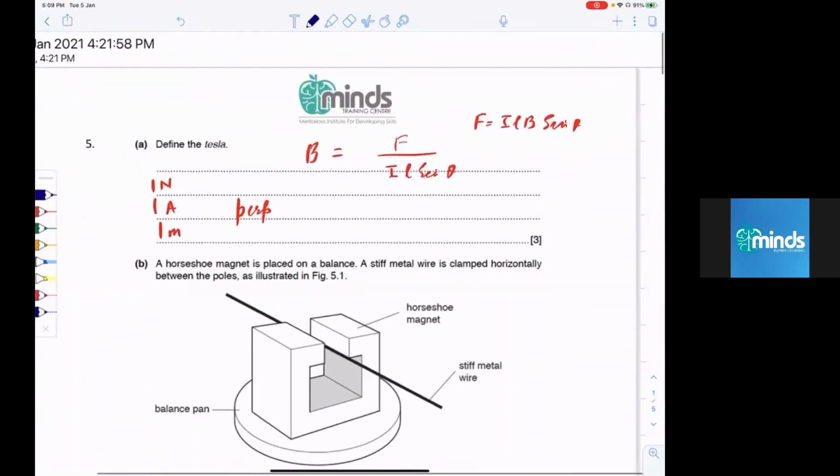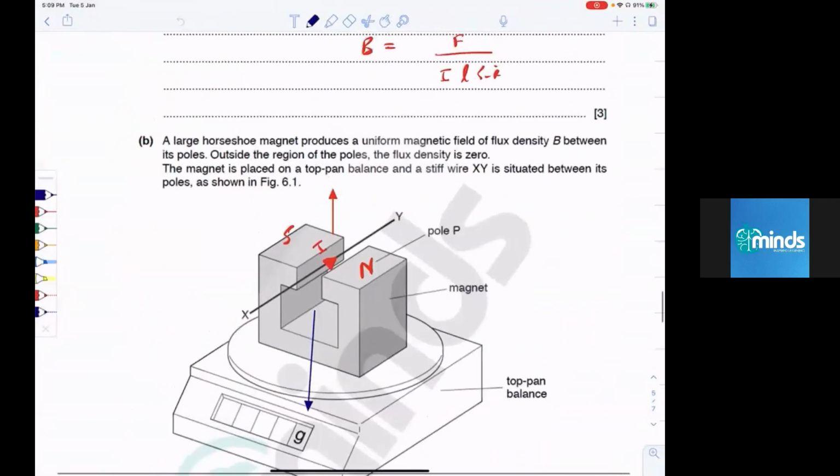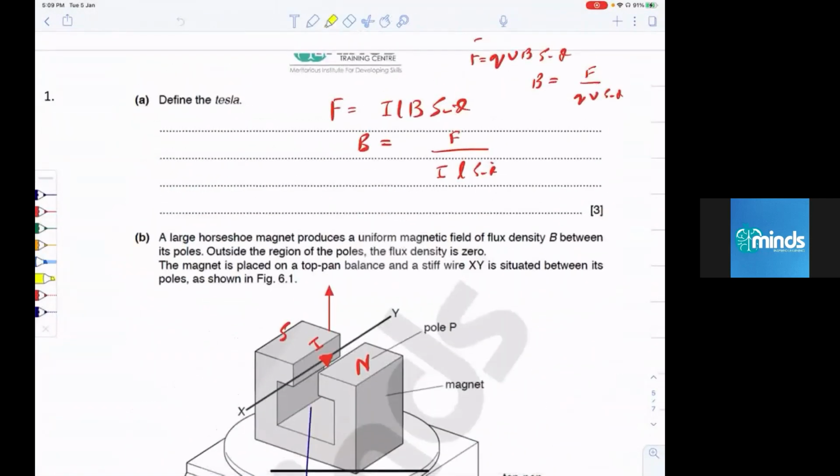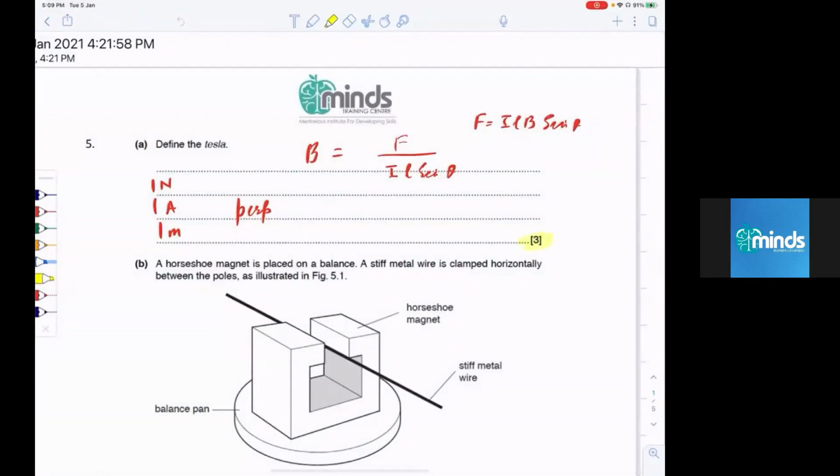In the previous class, it was a 3-mark question. When we solved the first question today, it is again a 3-mark question because of 1 Newton, 1 ampere, 1 meter perpendicular. This 1 meter perpendicular is one thing, so that's why this is 3 marks.